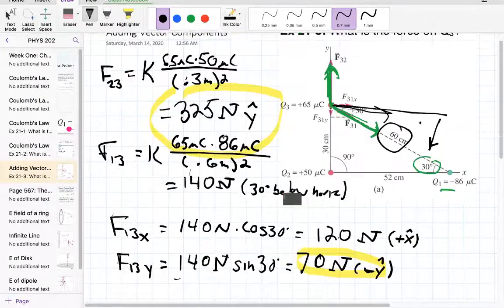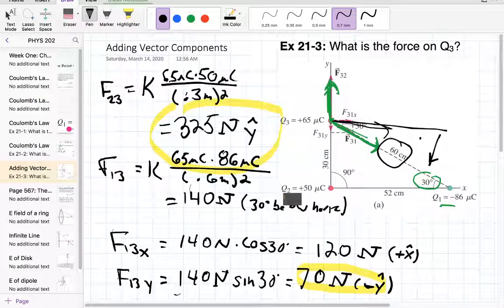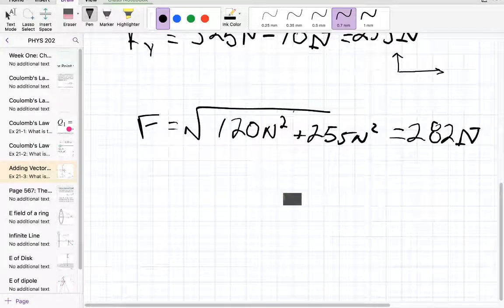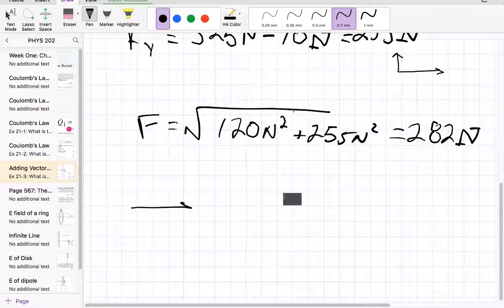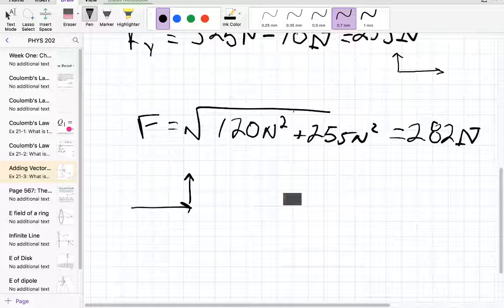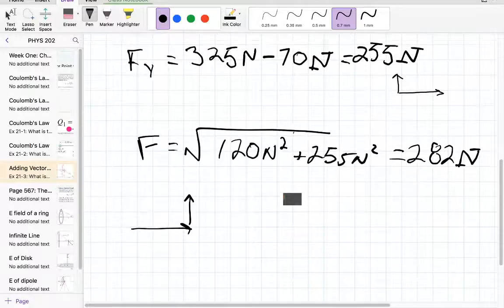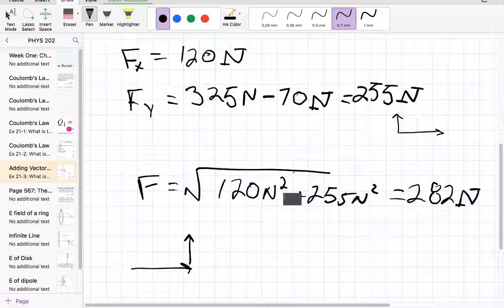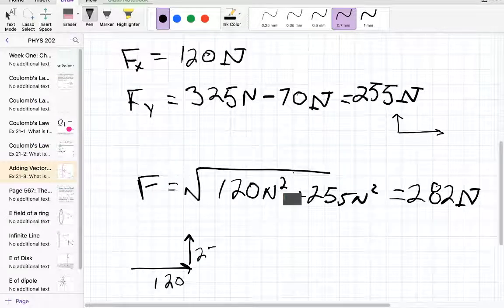We know the force is in the positive y direction because this was smaller than that. So if we want to know the angle that this force makes with the horizontal, it has an x component and a y component of, what were they again? 120 and 255 respectively.